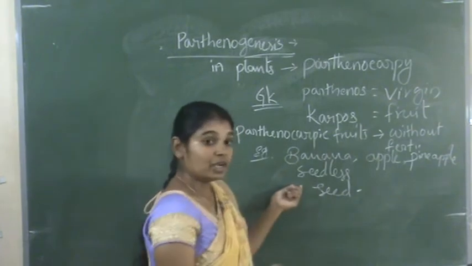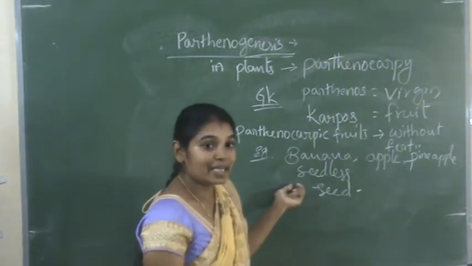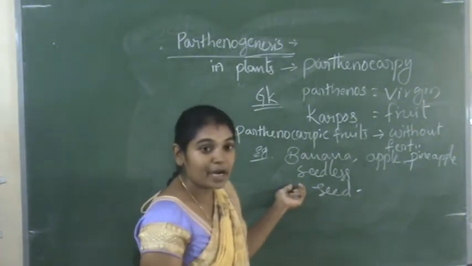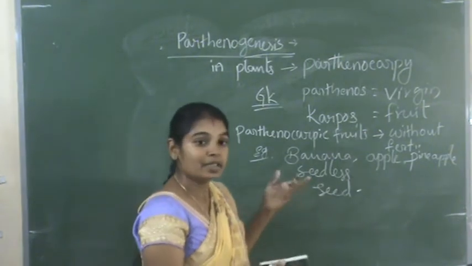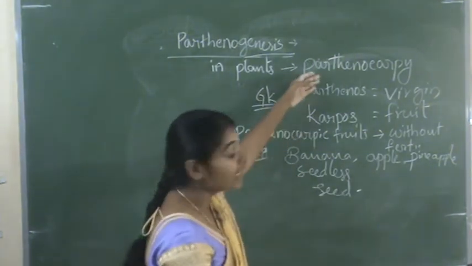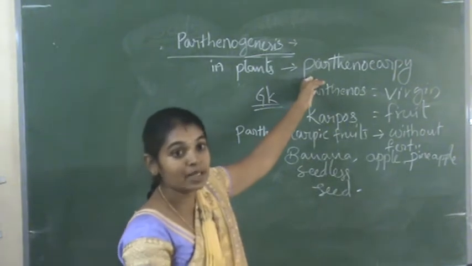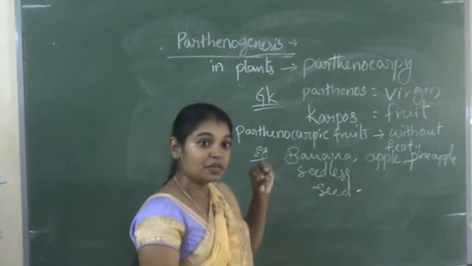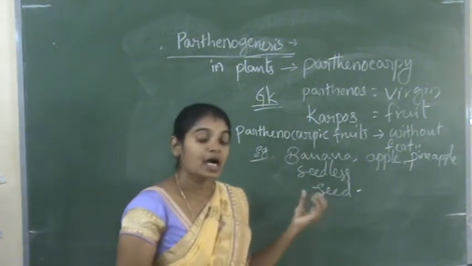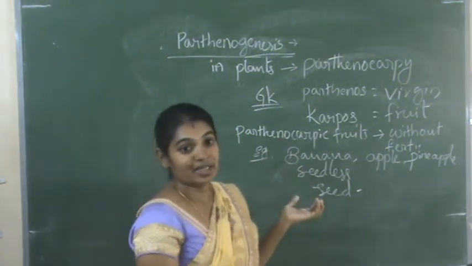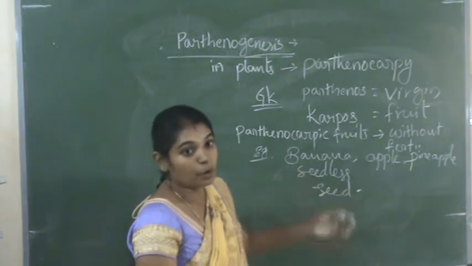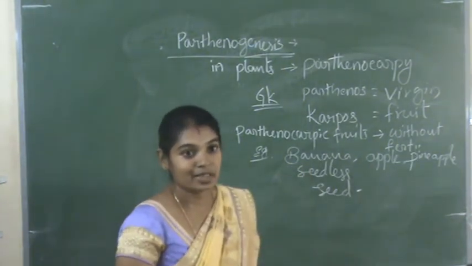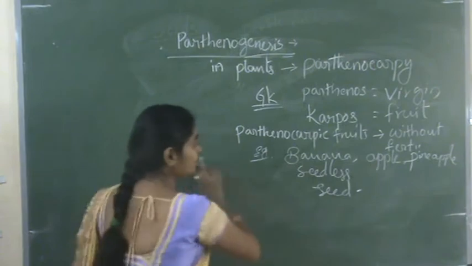But if the pulp or any other part of the fruit is edible, then okay, we can develop the parthenocarpic fruit. So it is very useful in fruits like custard apple, and it is not useful for fruits like pomegranate where the seeds are the edible parts.